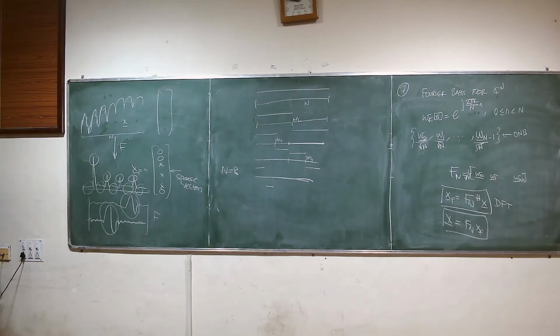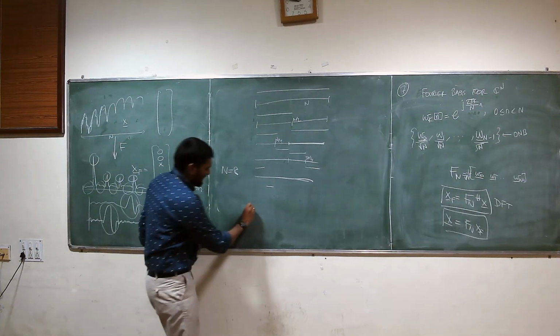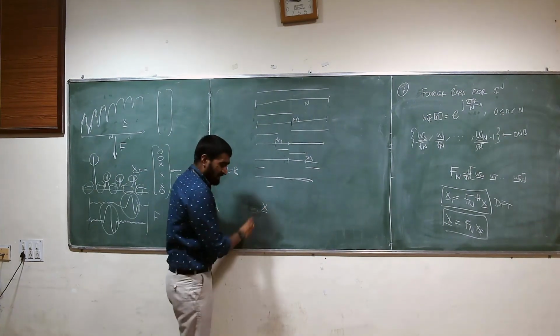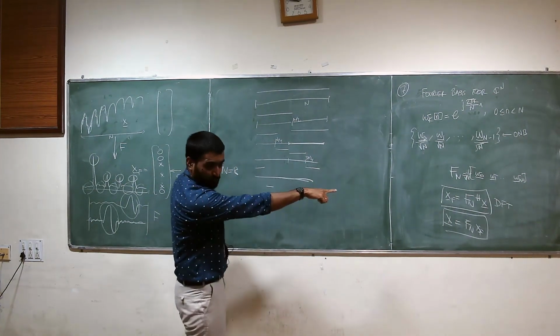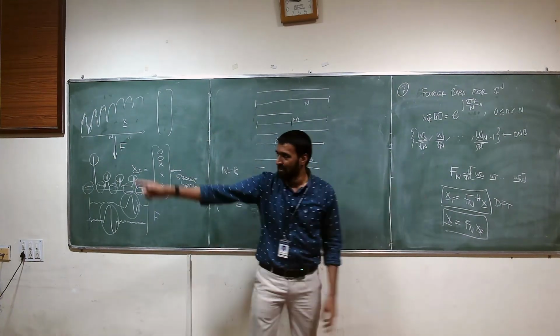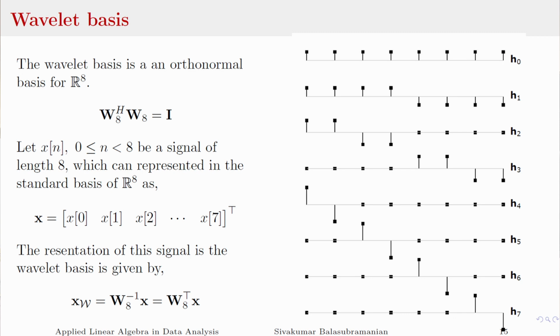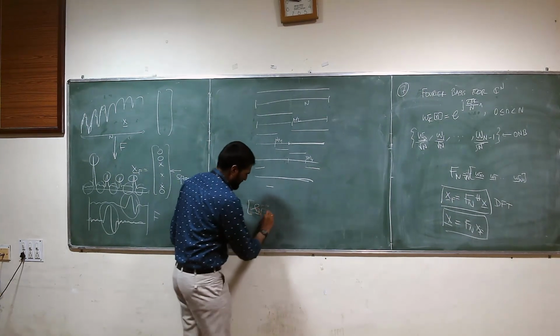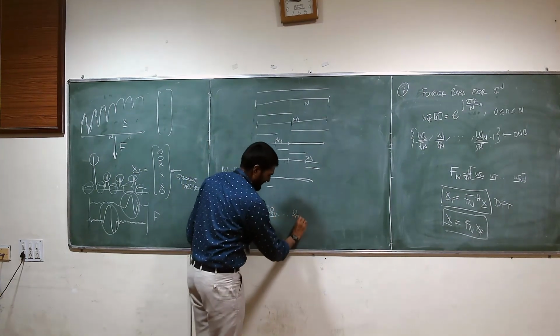And with this W8 matrix, if you have a signal X, your Haar decomposition is now no different from the Fourier decomposition. You simply form a matrix W whose columns are formed by H0 to H7, or H1 to H8, depending on how you represent them.